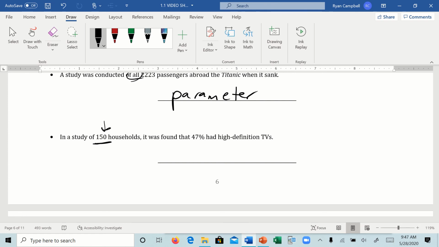Well, there are definitely way more than 150 households, right? In the nation, in the state, in the county. So this is not a population. This would have to be a sample, and we can see that because there are definitely way more than 150 households. So this has to be a statistic.